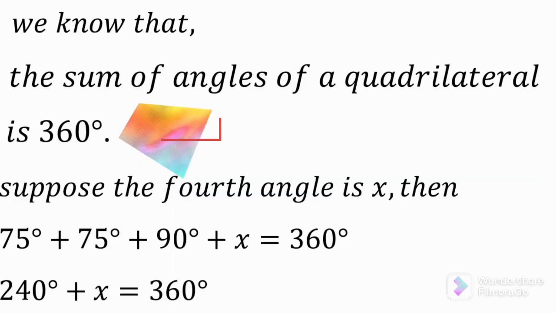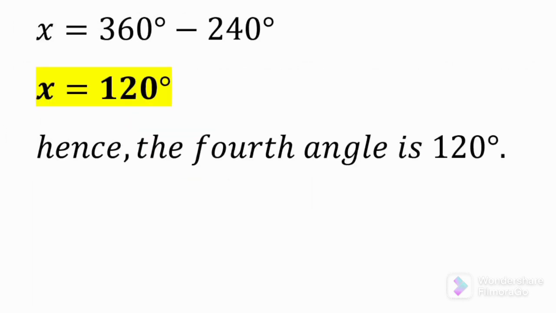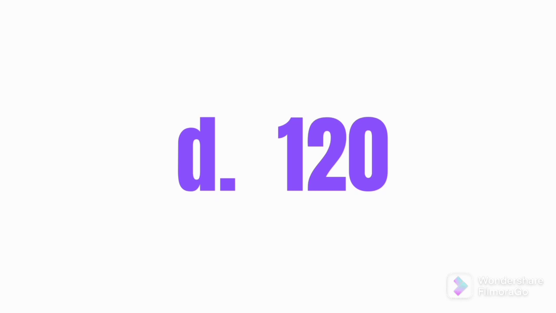We know that the sum of angles of a quadrilateral is 360 degrees. Then 75 plus 75 plus 90 plus x is equal to 360, or 240 plus x is equal to 360, or x is equal to 360 minus 240, that is x is equal to 120 degrees. Hence the fourth angle is 120. So D, 120, is the correct answer.